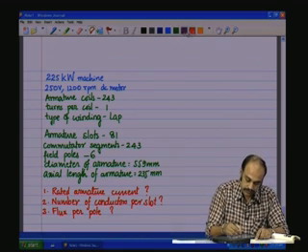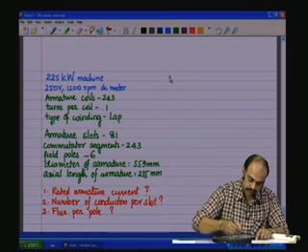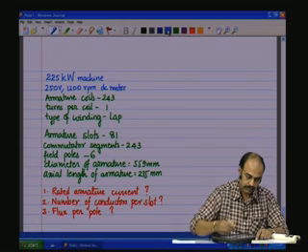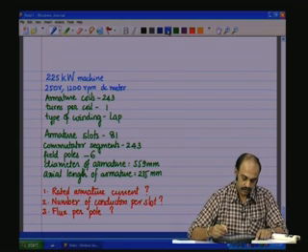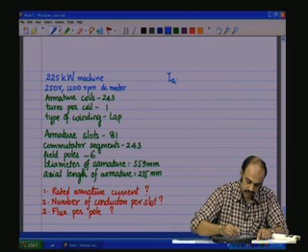Okay. So, now let us try to make a calculation for this. Now, EB is the back EMF, and PM is the mechanical power. IA is equal to PM by EB.